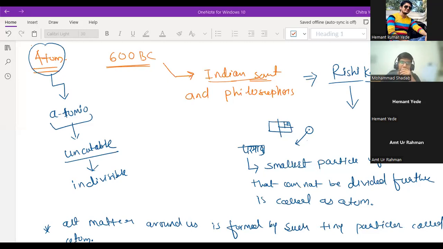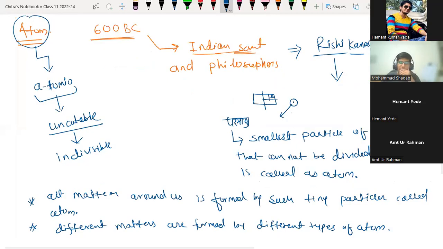At that time, modern science and modern instruments were not there, but still scientists worked a lot on the structure of the atom and its subatomic particles. Now we have many things, like the cathode ray discharge tube, the electron microscope, and the microscope, by which we can go through the deep structure and study.